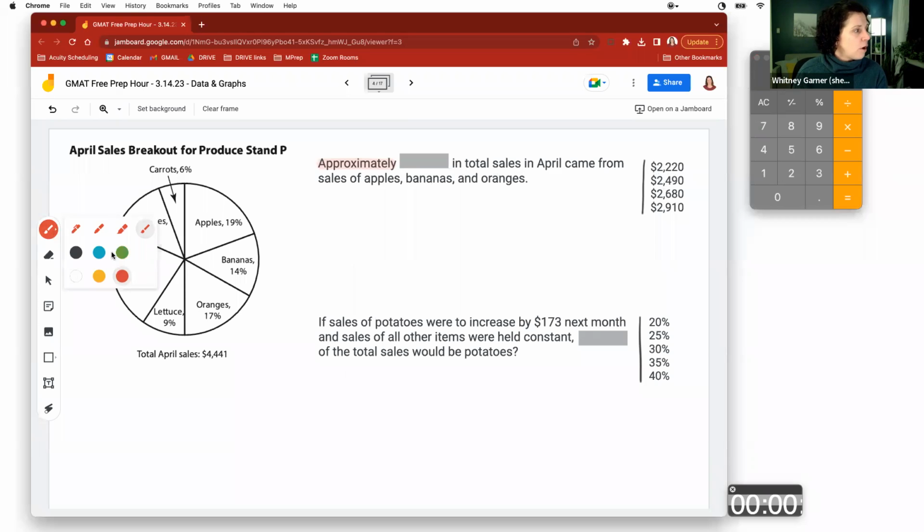So quick question for y'all. This is going to be apples, bananas, and oranges. Should I calculate each one of those first? So find 19% of my total, find 14% of my total, and find 17% of my total? What do you think? Is that the way to go?